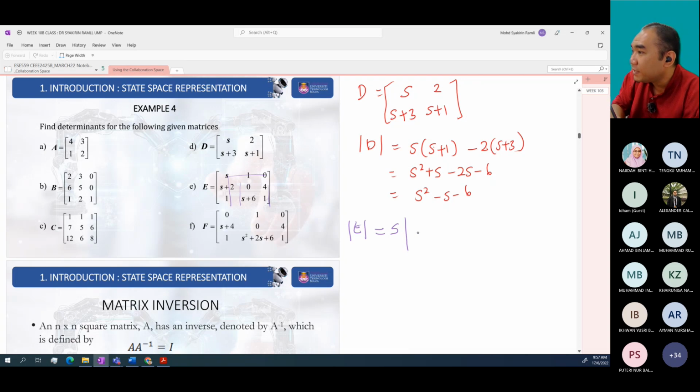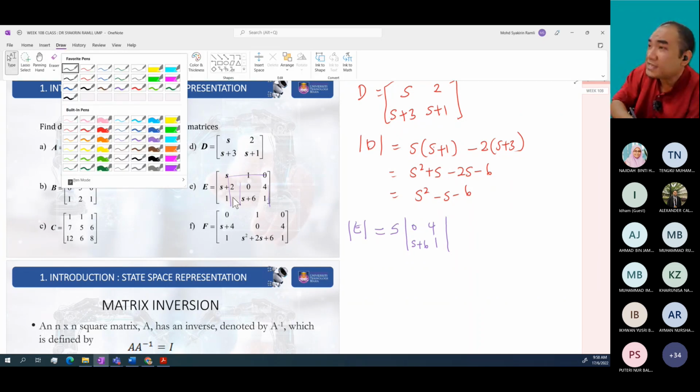So we find the determinant of 0, 4, S plus 6, and 1. Understand the concept? It means that if we want to compute the determinant of a 3 by 3 matrix, we take this element, which is S, and then we compute the cofactor here. It's going to be the determinant of the cofactor 0, 4, S plus 6, and 1.